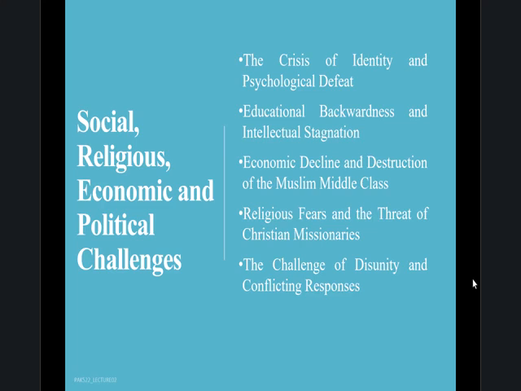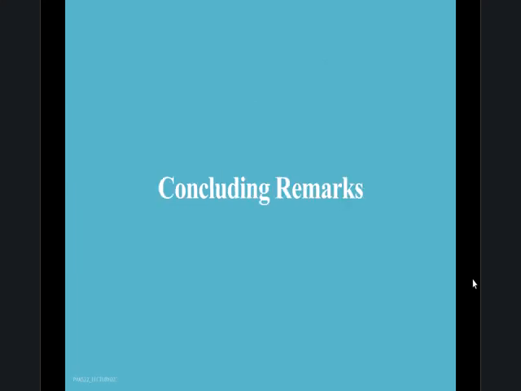My dear students, to conclude this lecture, the decline of Muslim rule in India, culminating in the 1857 War of Independence, represents a watershed moment that fundamentally transformed the subcontinent's political landscape. The internal decay of the Mughal Empire, characterized by weak successors, administrative fragmentation, and devastating external invasions, progressively dismantled centuries of Muslim political hegemony.